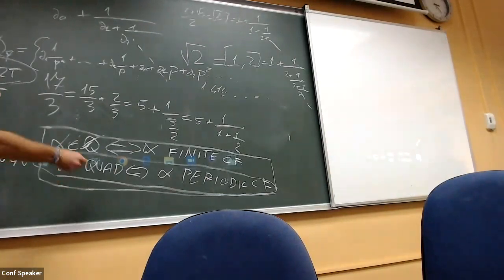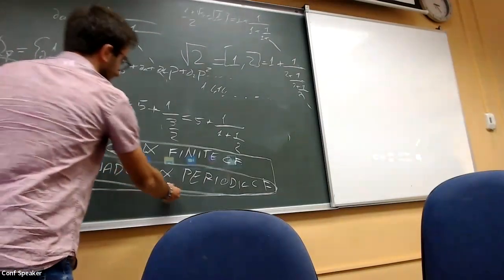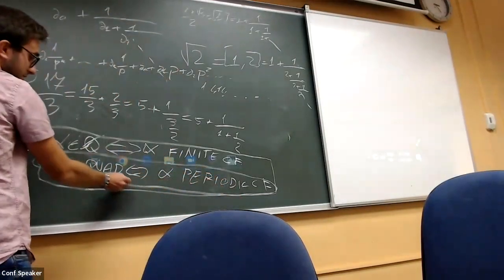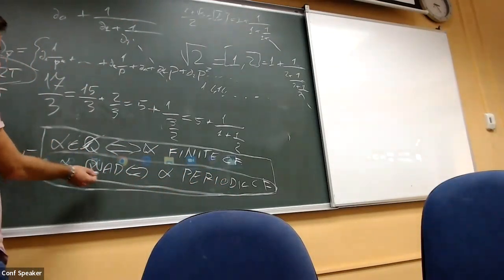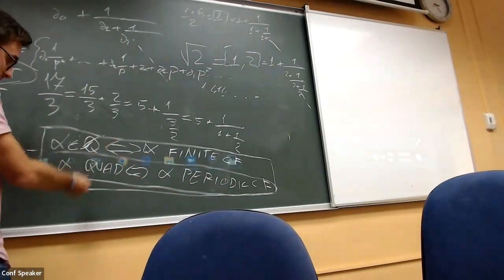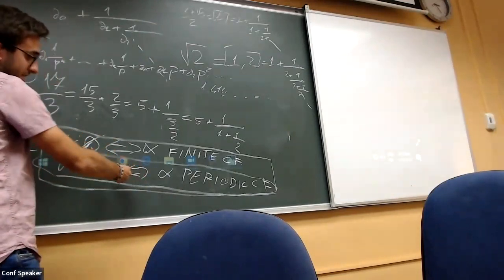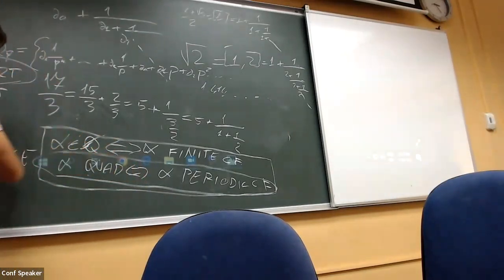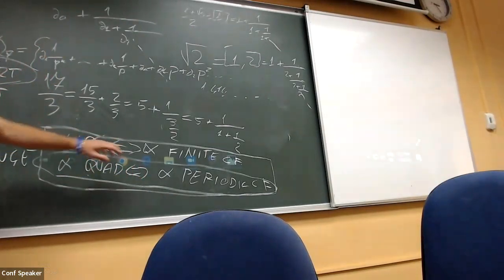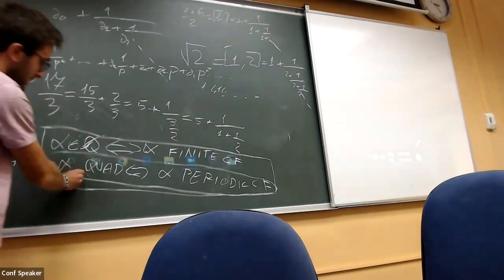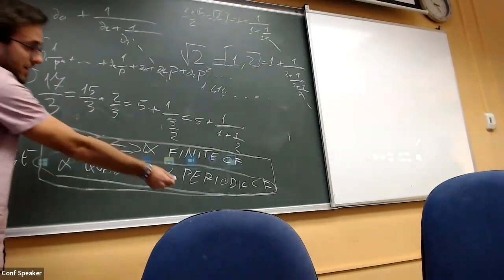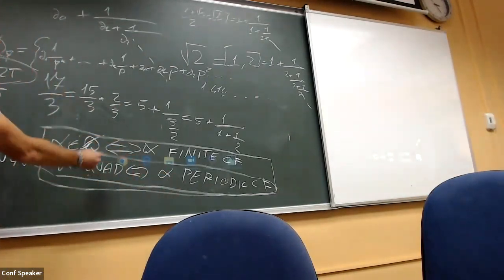Actually, one direction is easy: a periodic continued fraction is a solution of a quadratic algebraic polynomial. And this direction was done by Euler. The beautiful direction is to give a periodic expression to each quadratic irrational.